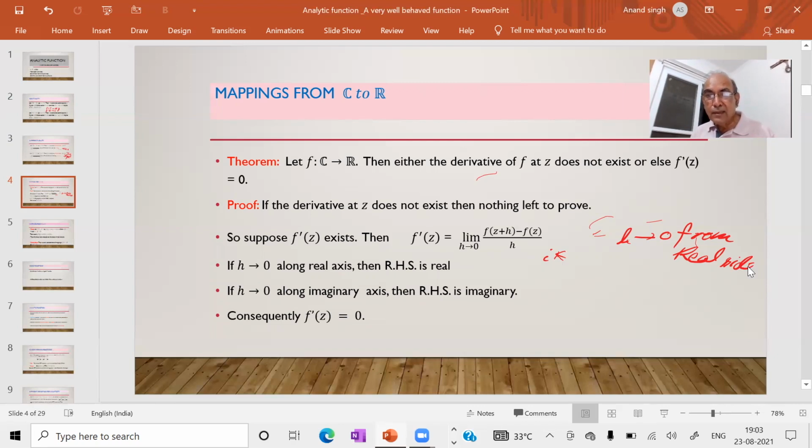That means when h tends to 0 from the real side, the answer is real, and when it comes to 0 from the imaginary side, the answer is imaginary, and the answer is the same, f dash of z. That means f dash of z is real as well as imaginary, and the only number with this property is 0. Zero is real as well as imaginary. So f dash of z is going to be 0.